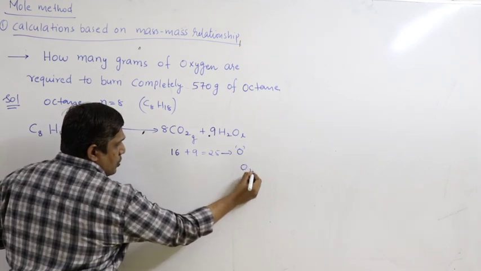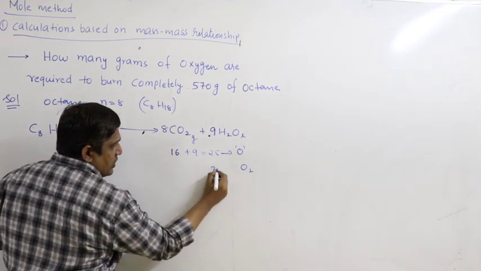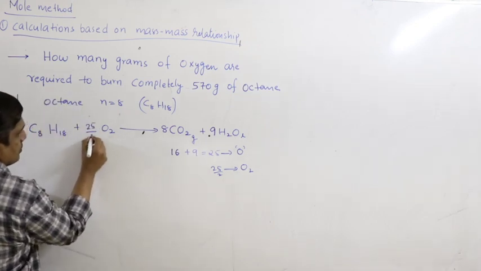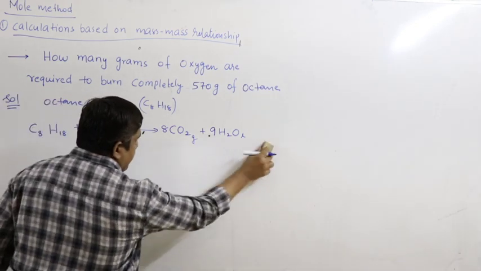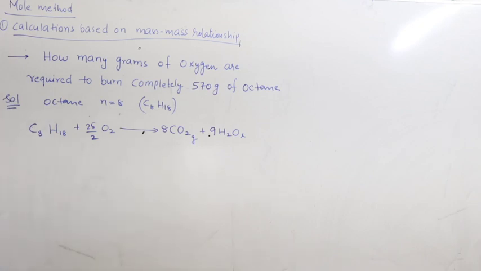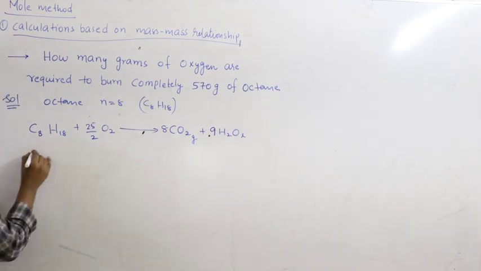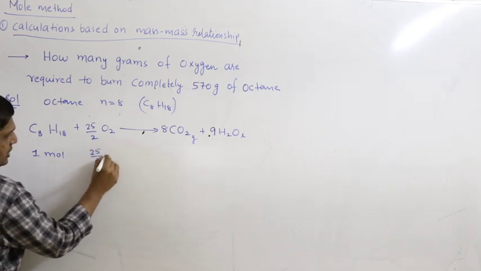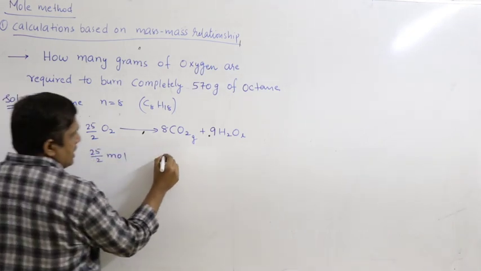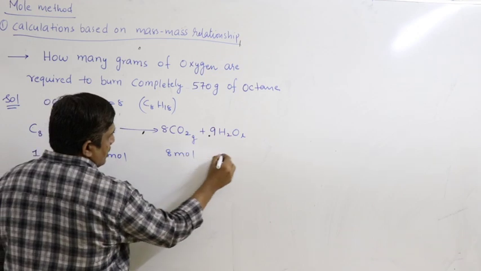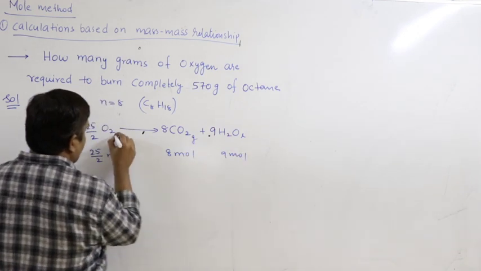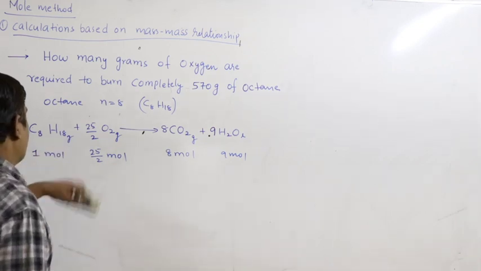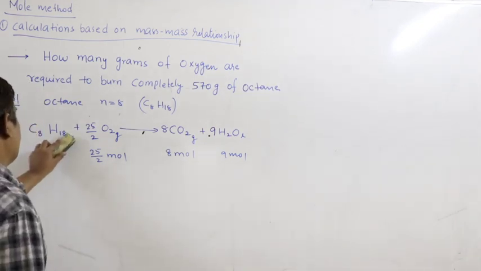We require O2, so 25 by 2 O2. So this is the balanced chemical equation. So writing the mole ratio, 1 mole, 25 by 2 moles, 8 moles, 9 moles. This is gas, this is gas.